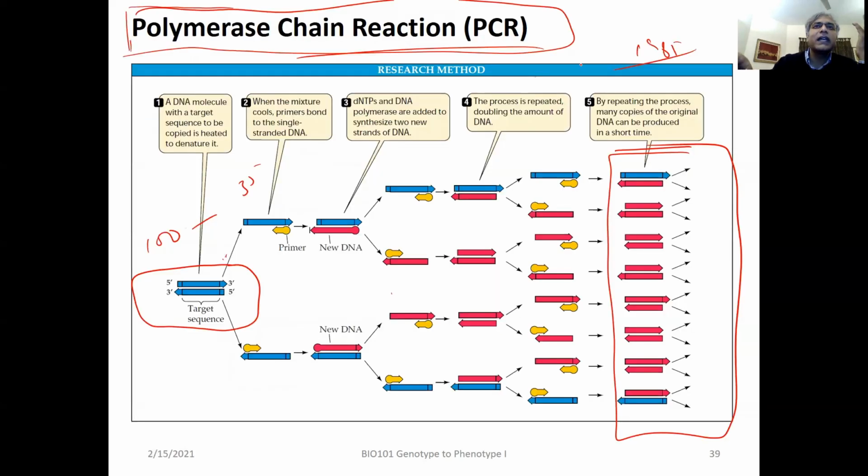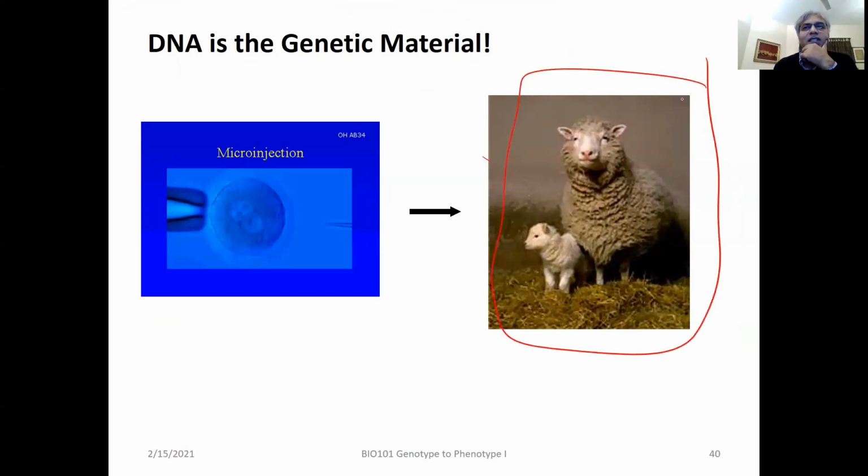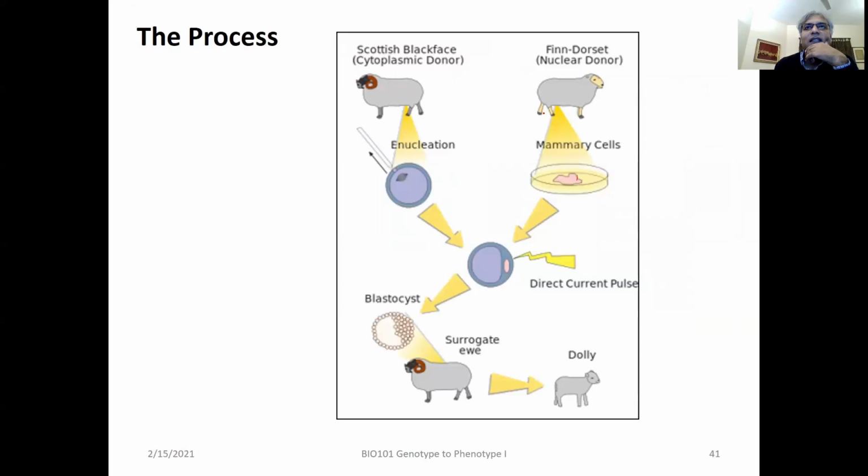This is just telling you about one of the surprises we saw in the last part of the last century: cloning the sheep, Dolly. It's not only the egg cell and sperm cells, but using a skin cell, a somatic cell, a 2N cell, its nucleus transplanted into an enucleated oocyte of the donor mother, they could make a whole new sheep.